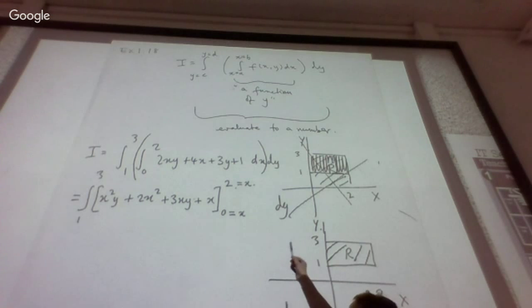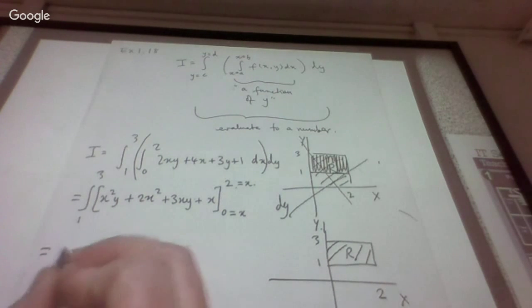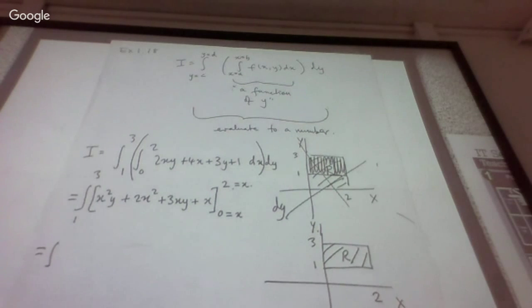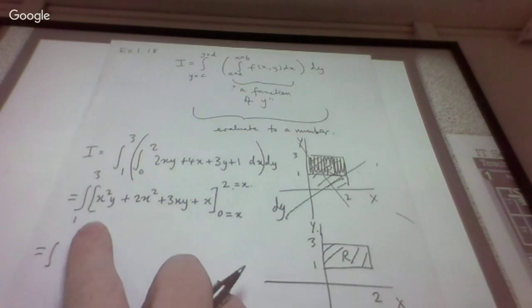But you don't go substituting these values 0 and 2 in for the variable y. y is just treated as a constant for the purposes of this x integral. So what do we have multiplying y?